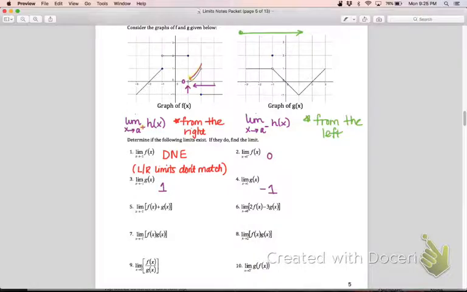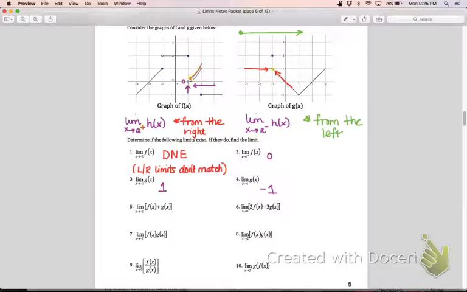Okay, here are the answers that you should get. So notice as we approach -1, this is what can be a little confusing, there's a hole and it's defined up here. But that dot up at the top by itself really does not matter. All that matters is that from the left, I'm coming towards 1, and from the right, I am coming towards 1. So basically, we're approaching the hole.